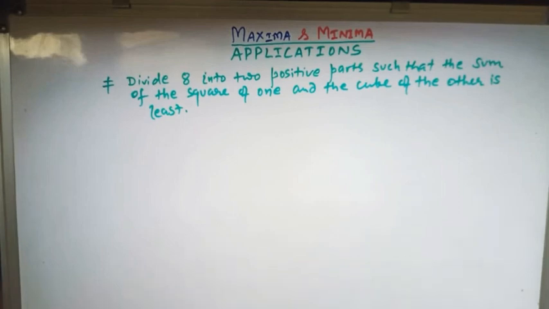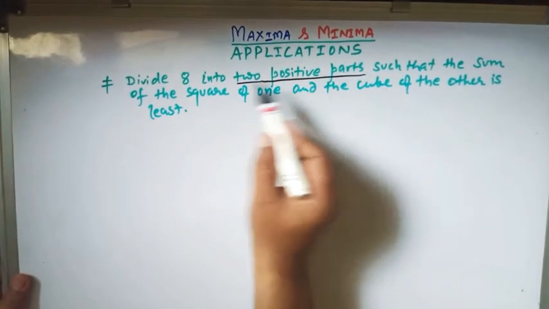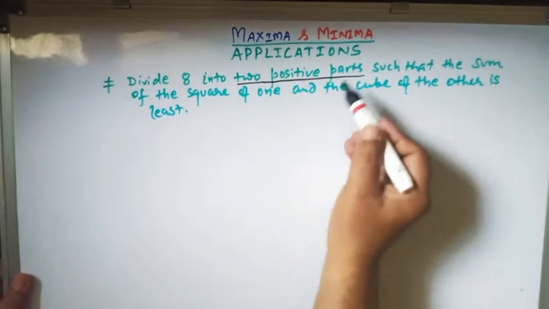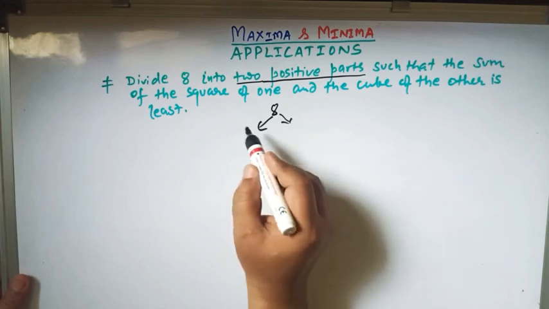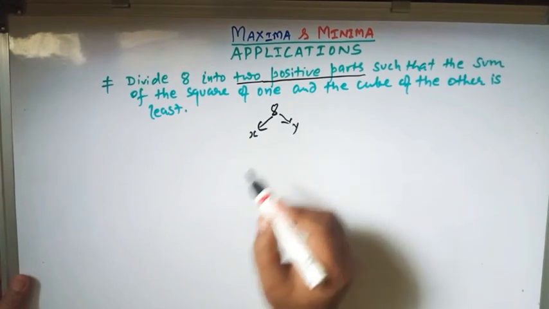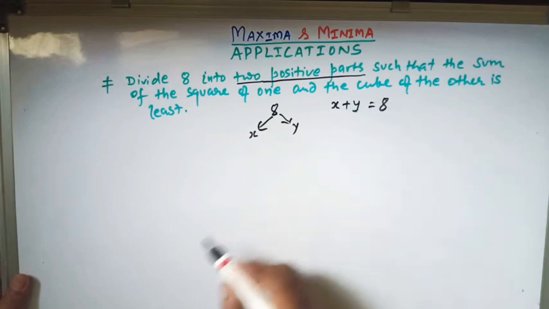Now viewers, here we have the problem: divide 8 into 2 positive parts. So let us divide 8 into 2 parts, x and y, such that x plus y is equal to 8.